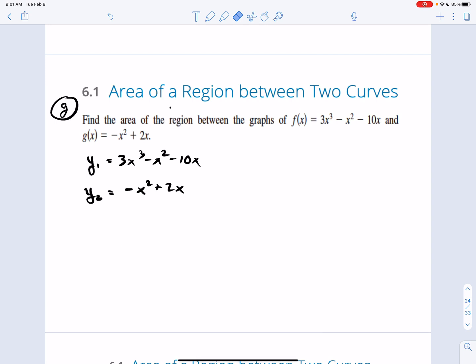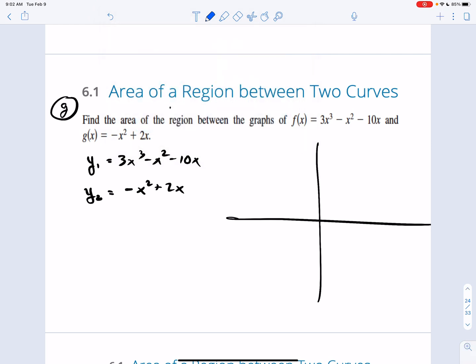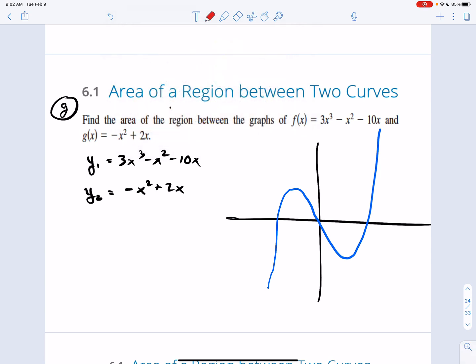So I'm going to go to Zoom 6 just so we can get back to the default window. Okay, and if I had to quickly sketch this, it's looking like this, and y2 looks like, I'm probably going to butcher this, that.